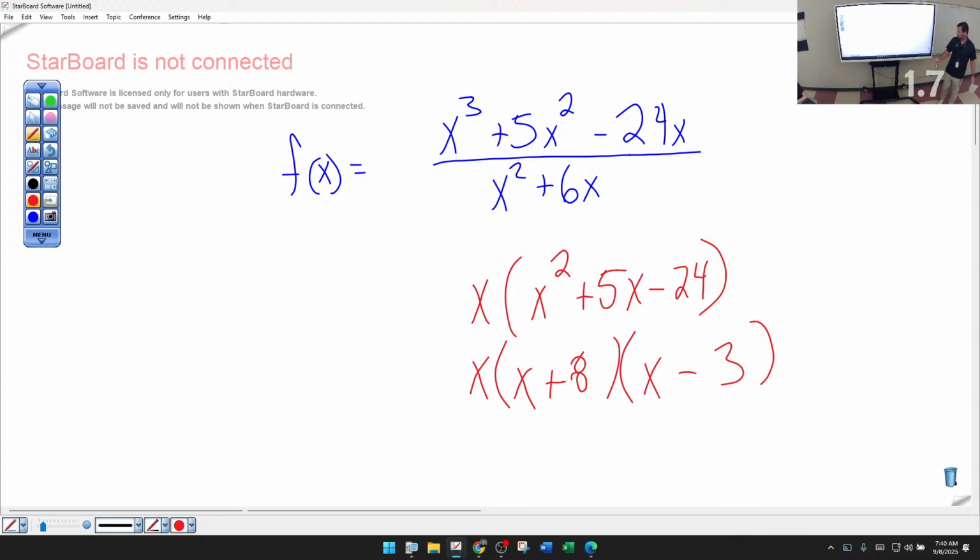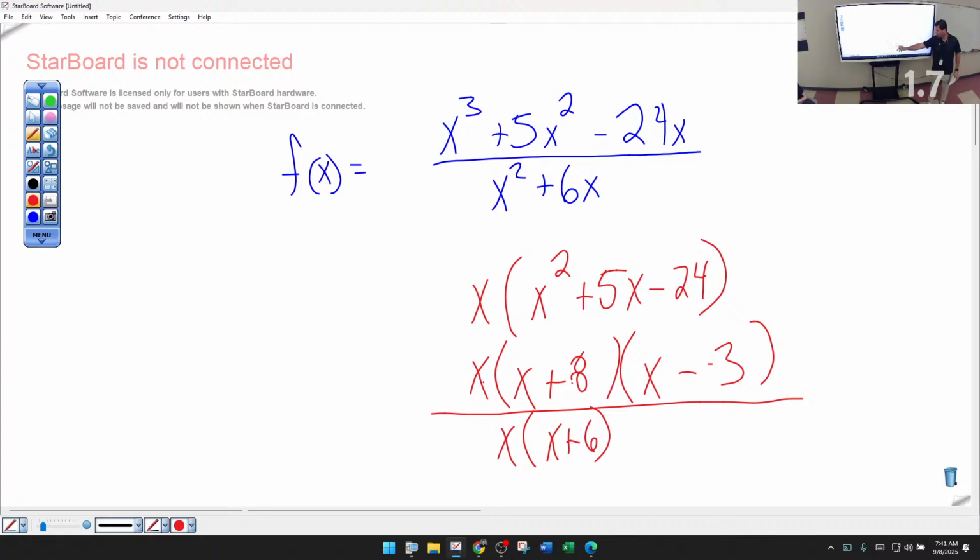Told you, most of these will factor. And then I'm going to take an x out of the bottom, and I'm just going to be left with x plus 6. That was really easy to factor, I hope. Okay? And so intercepts should be at 0, should be at -8, and should be at +3. That's where they should be.